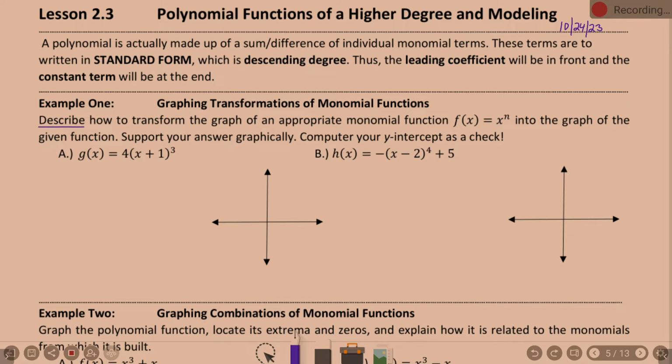So we're going to have a vertical stretch by a factor of 4. What else? What about the 1? Okay, it's a plus 1 inside the parentheses with the x, so it's left or right, opposite the sign. So we're going to be taking this graph left 1. What is the basic graph we're talking about here?